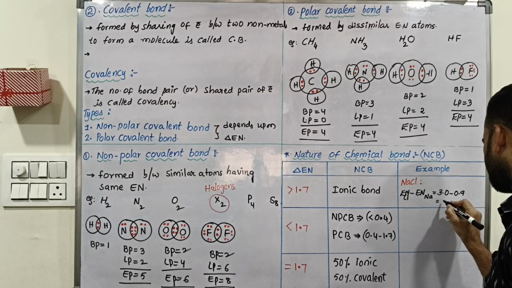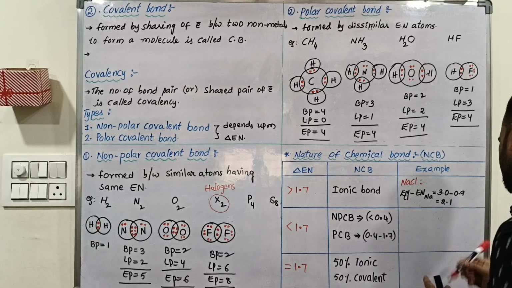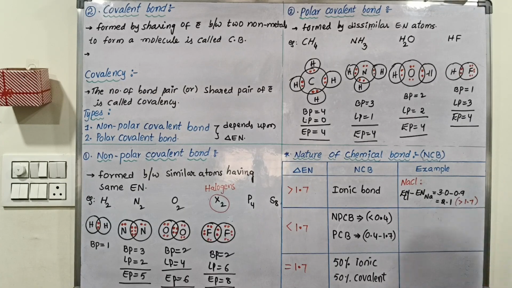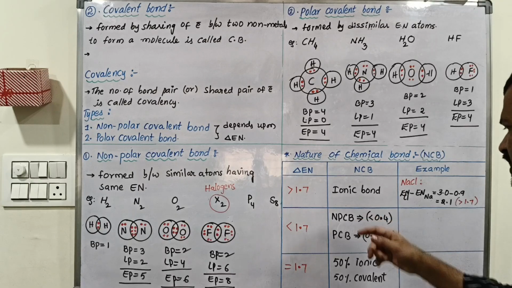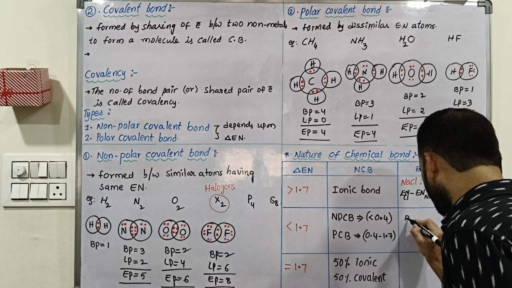So that is 2.1. 2.1 means it is greater than 1.7. Understand? Okay, next, less than 1.7, take beryllium chloride.